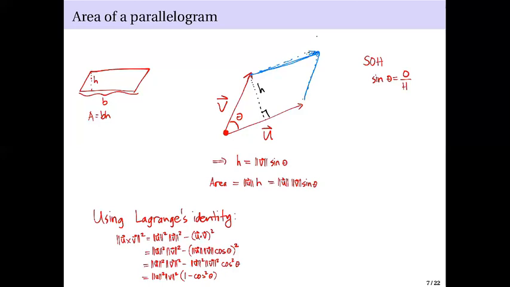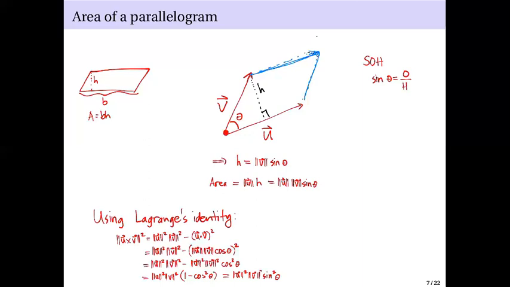Following? Okay? But what is 1 minus cosine squared theta? That's your sine squared theta. So this guy here, you will have norm of u squared, norm of v squared, sine squared theta.